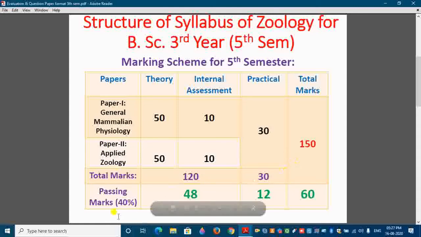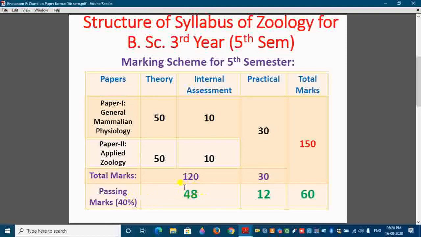Now what are the passing criteria? You must score 40% marks for passing, and you must know that there is separate passing for the theory papers and the practical exam. You must pass separately in the theory, that is the 100 marks for the papers and 20 for internal assessment. Out of 120 you must score 40% marks, that is 48 marks, then you can pass the theory.